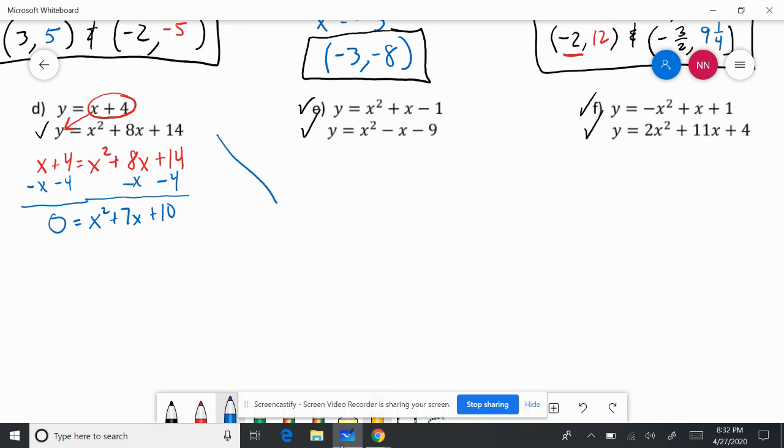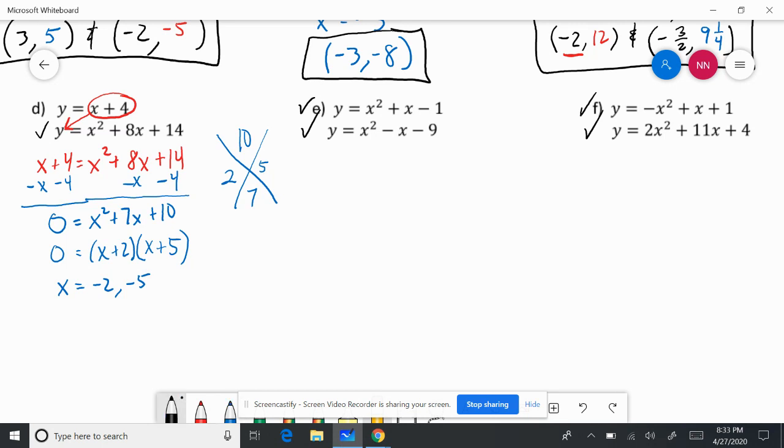I'm looking for two numbers that multiply together to give me 10 and add up to 7. And I have 2 and 5. That gives me x plus 2, x plus 5. So I have two answers, x equals -2 and -5.